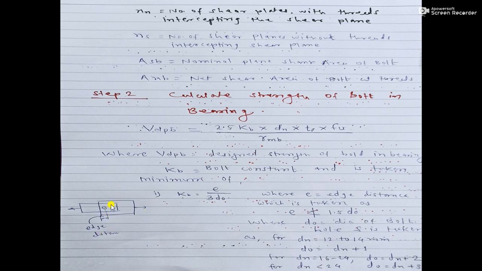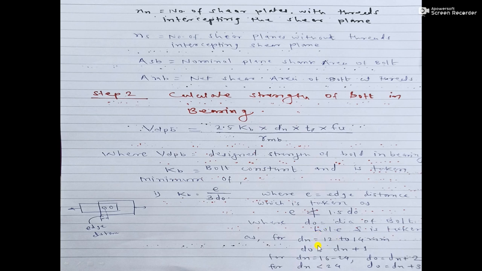So for that we consider the hole diameter, that is the gross diameter, and this gross diameter is taken as follows. When the nominal diameter is given from 12 to 14 mm, we have to add the clearance of 1.